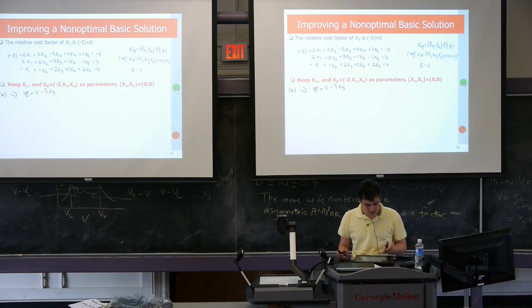And now this is what we have, that the value of z is 11 minus 5 times x3. Right? Because x1 and x5 are zeros, and the coefficients of x2 and x4 are 0 as well.